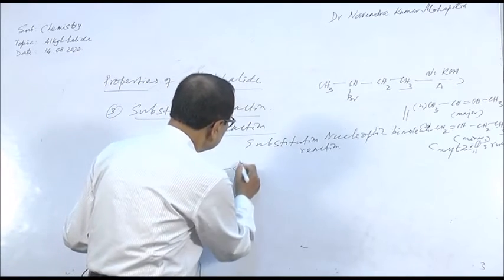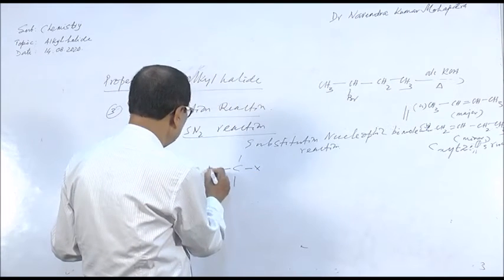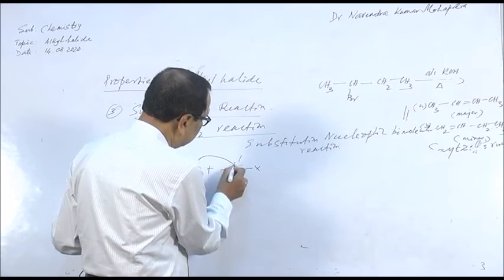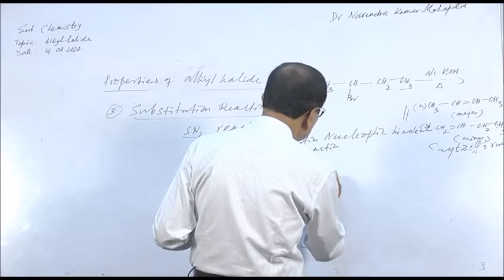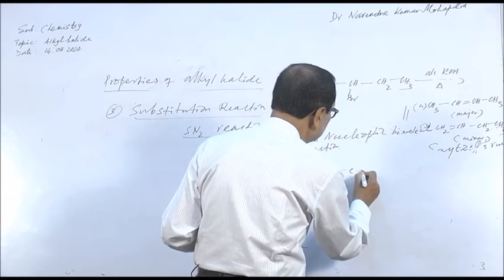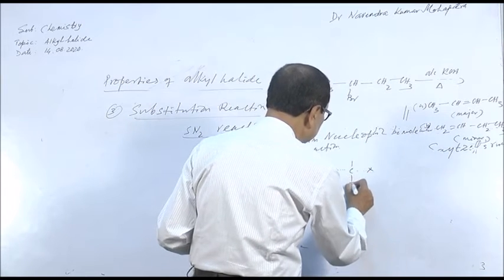So you can say we can represent this as RX plus Y, since the approach of the nucleophile will be from the back side, and the product forms, of course, through a transition state where the formation of the bond and the departure of the leaving group occur.